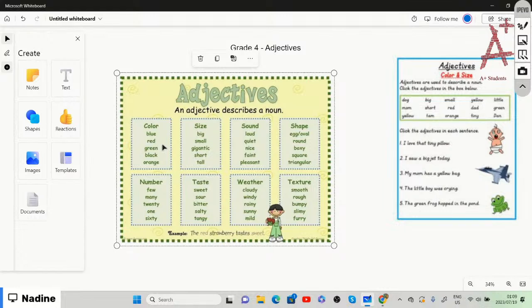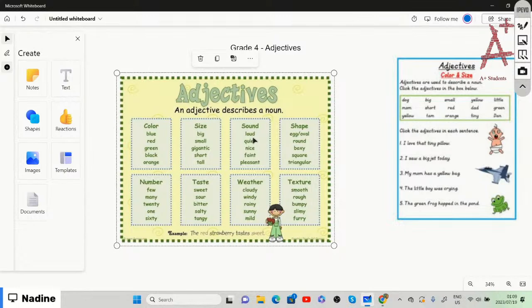We can describe an instrument as loud, or a faint sound or pleasant sound. We can describe a giraffe, any animal, or a person as tall, short, big, small, gigantic. So this is how we can describe a noun.